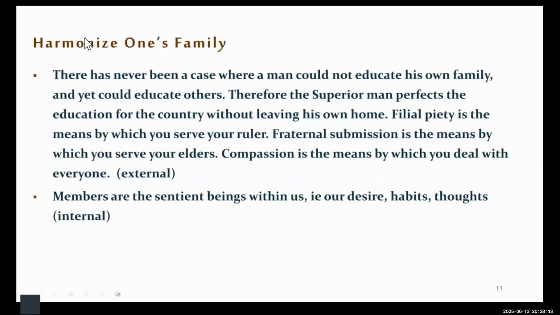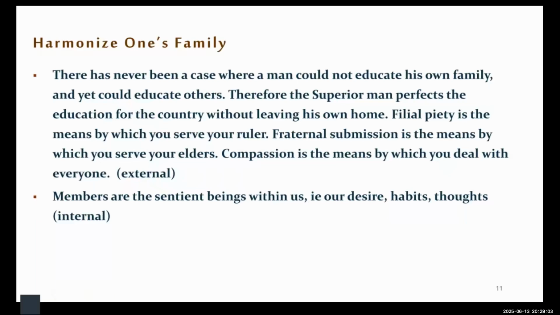Now the next one is harmonize. Actually, I skipped the cultivation part. To get rid of attachment, to attain the truth, to be sincere, and to rectify the mind are all part of cultivation.